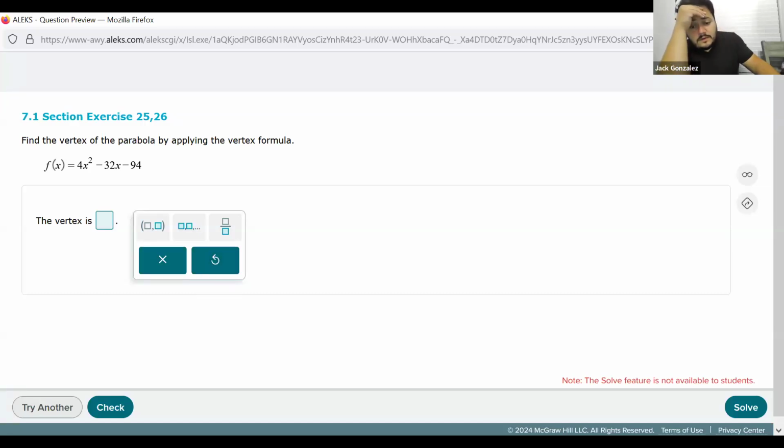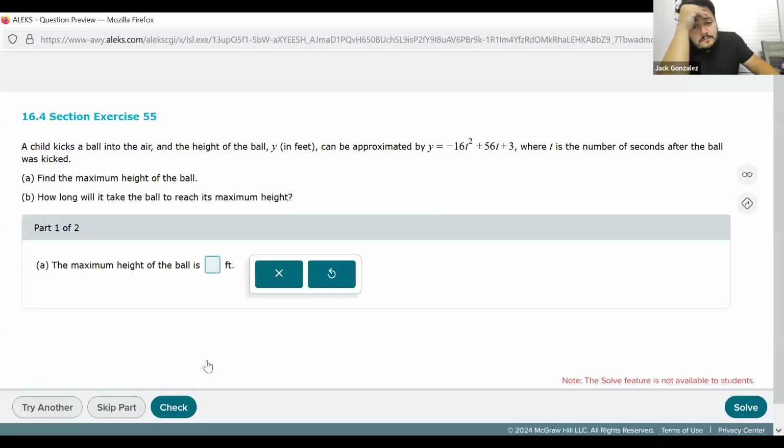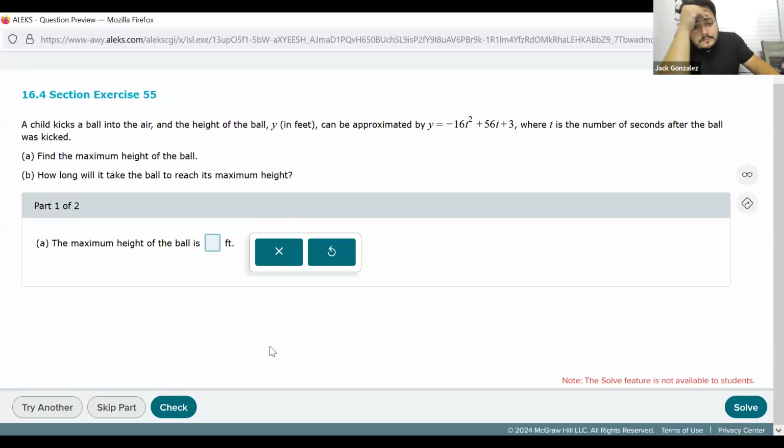I'm going to skip it unless you have an objection. Do this on the next page.